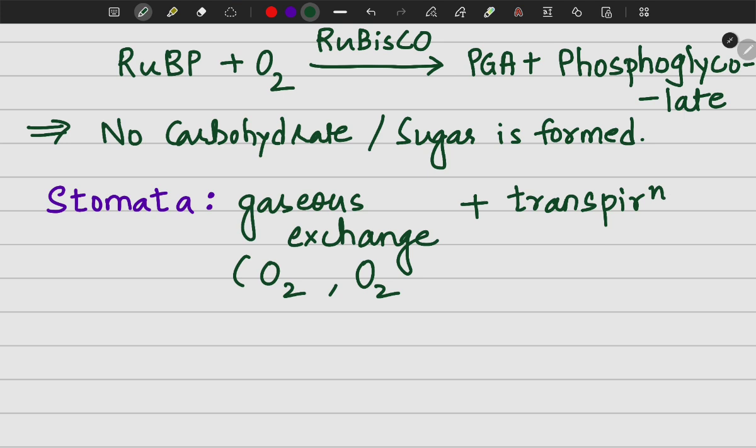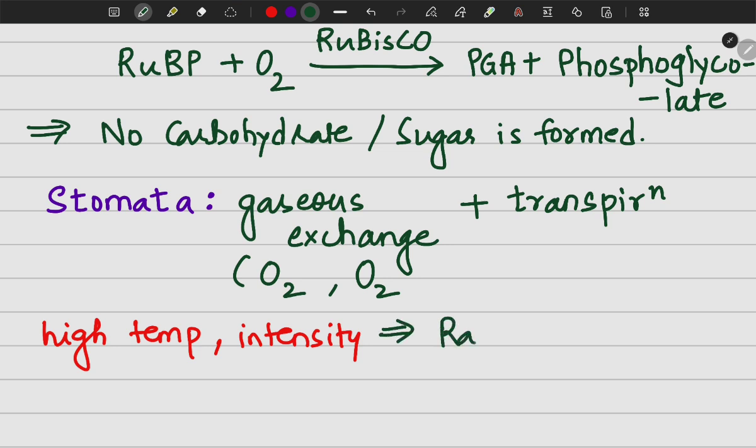With the help of stomata, transpiration goes on, which is the loss of water from the surface of the leaves in the form of water vapor. So what happens when there is high temperature and high intensity of light? The rate of transpiration increases, right?